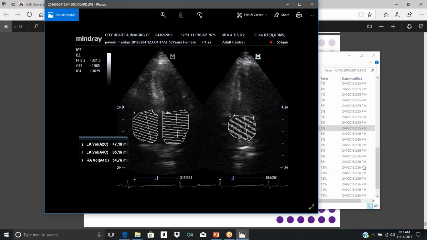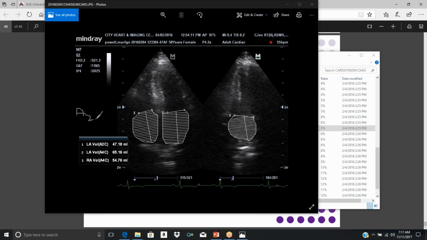So if you just think about it a little bit, you're going to use the area in the 4, so let's call that area 2.